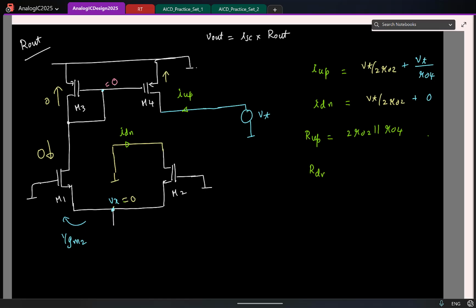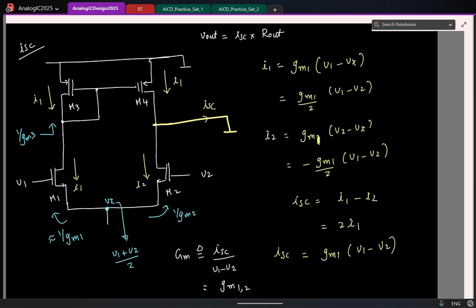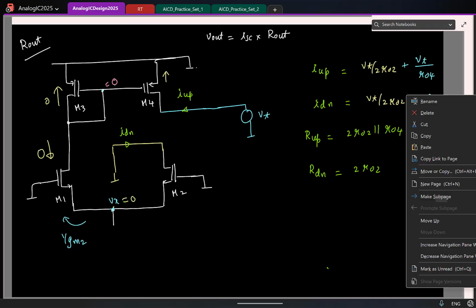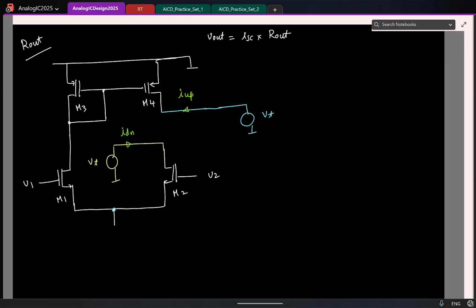So what is my down resistance now? 2 times R0. Hopefully that is trivial. So which means let me rewrite things.